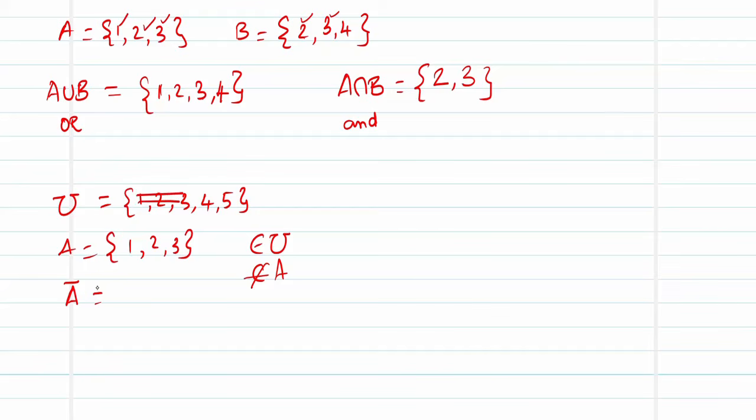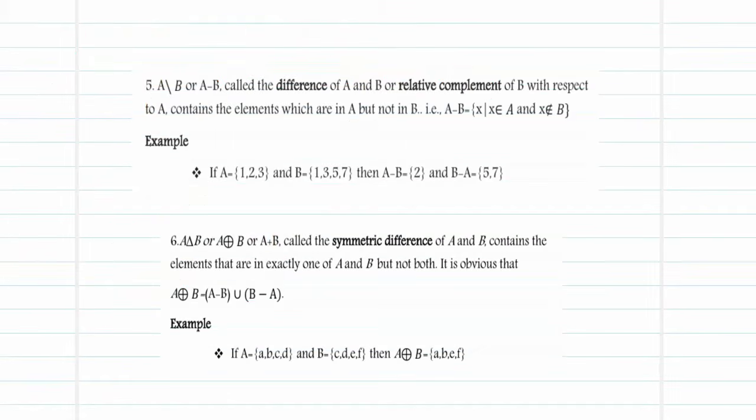What is left out is 4 and 5, which are part of the complement. This is how the complement operator operates. Moving on to the next operator, we have the difference operator, which is read as A difference B, or the relative complement of B with respect to A.